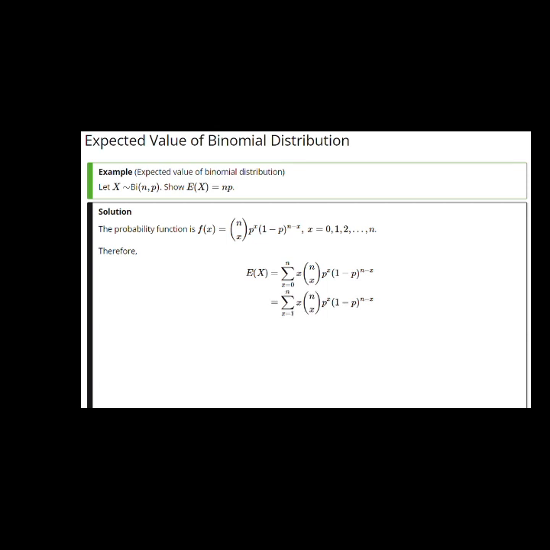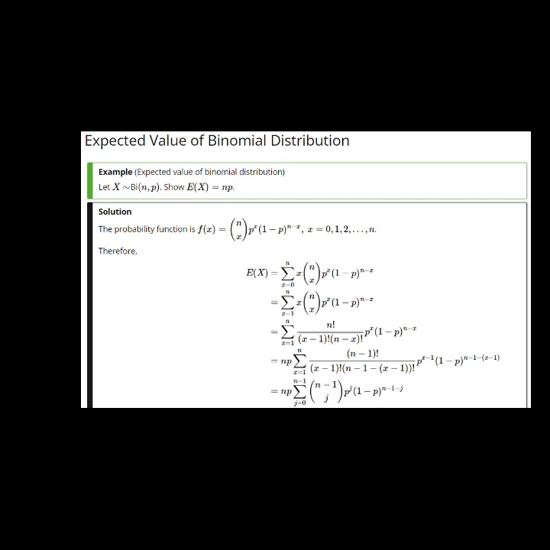Removing the first term because its value is 0, discovering that we have an x in the numerator and an x factorial in the denominator, which permits cancellation of the x in the x factorial in the denominator, leaving x minus 1 factorial, taking a constant n times p outside the summation sign, and then discovering that what's left is the sum of the probability function for another binomial distribution, a binomial distribution with parameters n minus 1 and p.